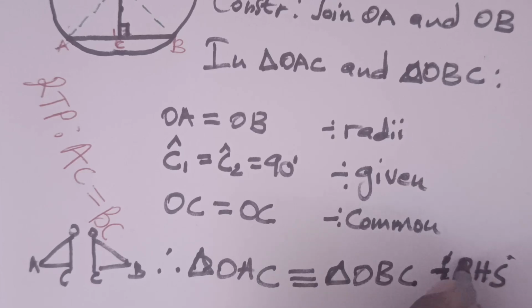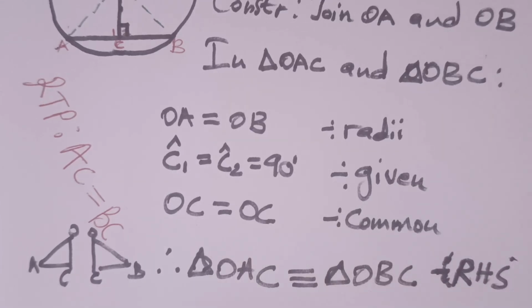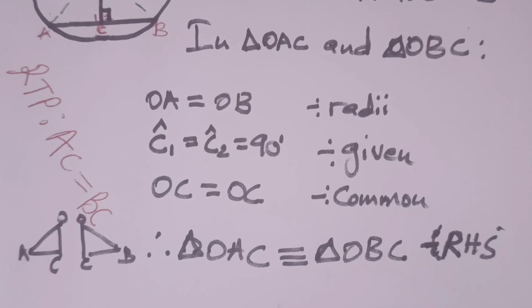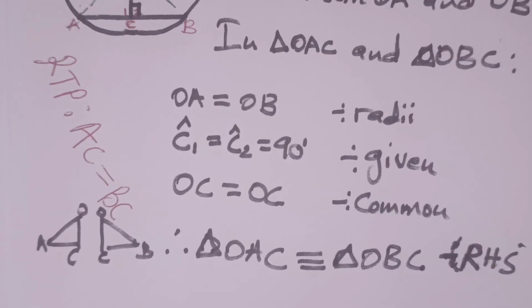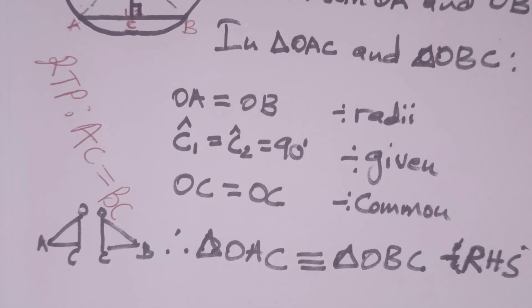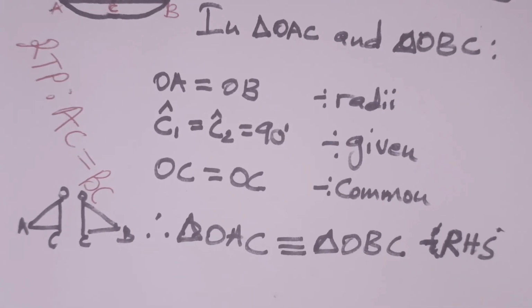Since these two triangles are congruent to each other, if triangles are congruent, they are equal in each and every way possible. What does that mean?